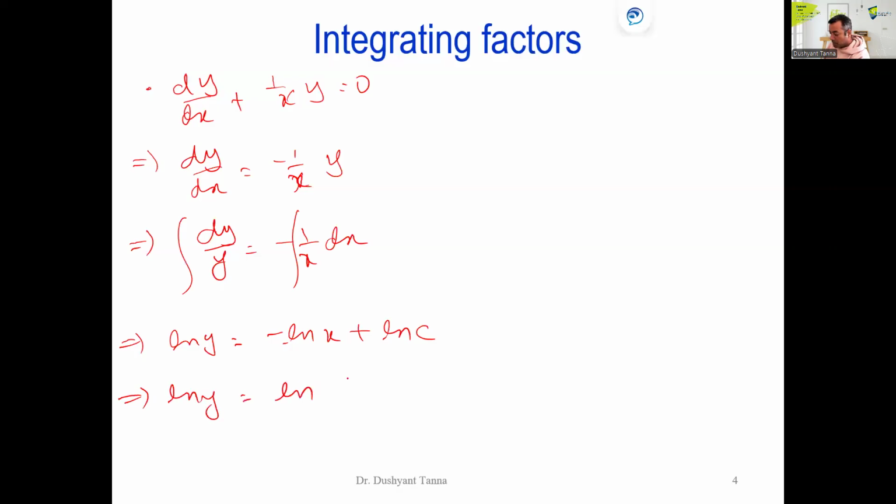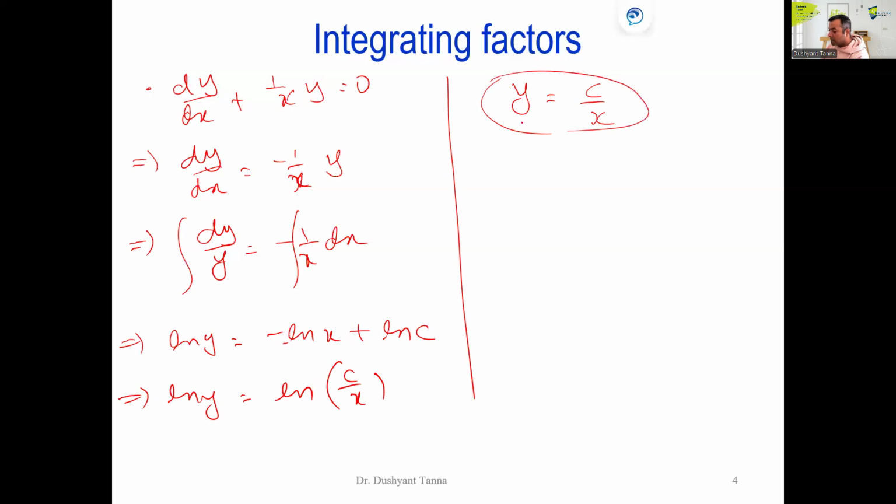Log property, ln c over x, which will lead to y is equal to c over x, and that's the solution. Not quicker, but easier, because we have been doing that. But again, like I said, the choice is yours. No one will compel you to use only the c e power negative integration p(x) dx, but that's a helpful technique. Many times you'll get stuck, and then this is the way.